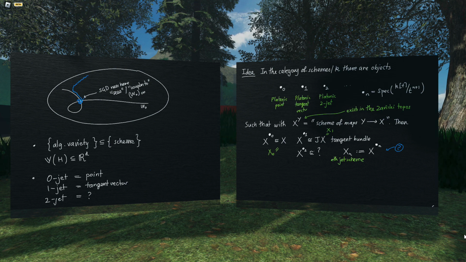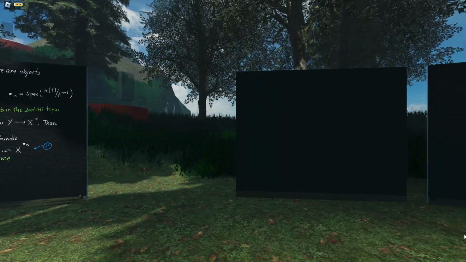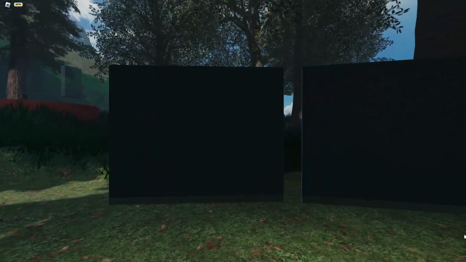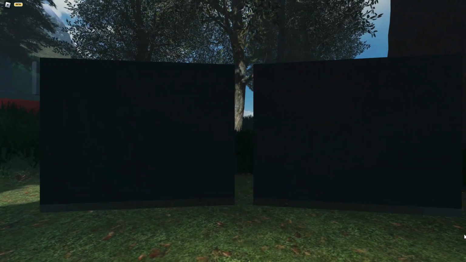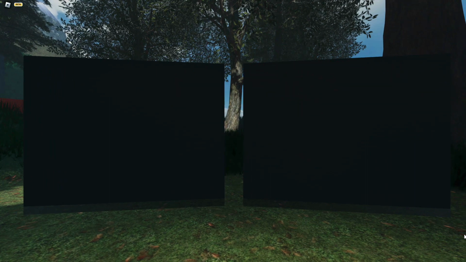Okay, so let me move on to the next board and try and turn this into a definition that's a little more concrete. Hopefully you get the idea of what it's supposed to do.